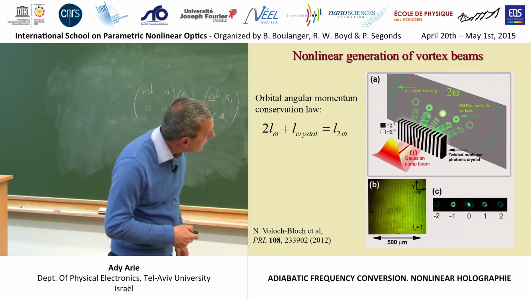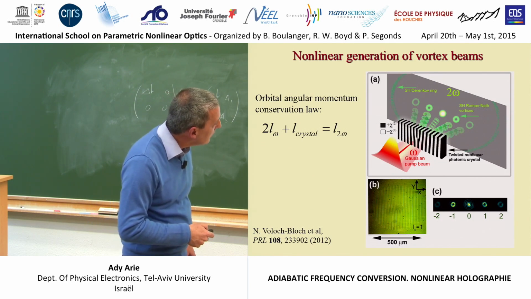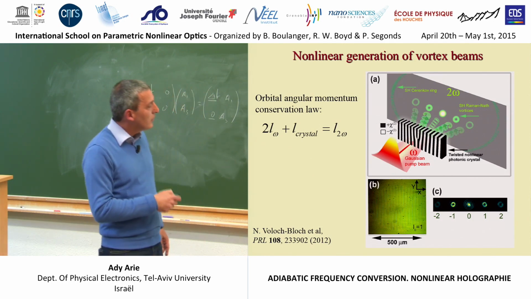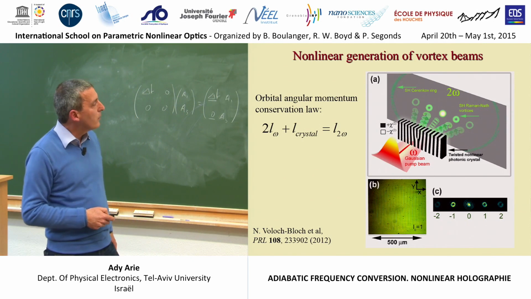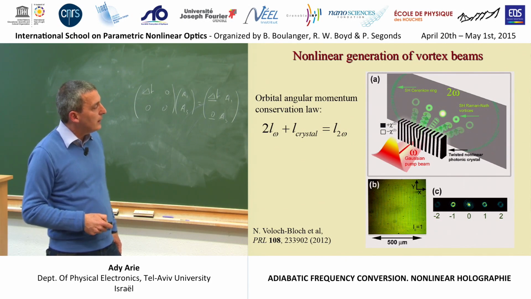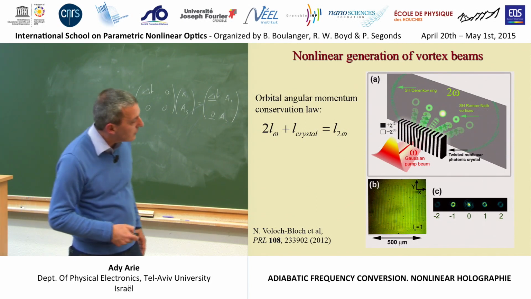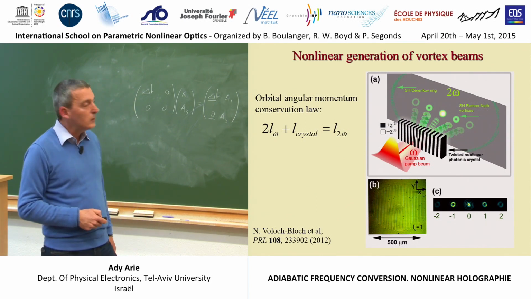This is not a very good picture, but I'll show you a better picture later. But it shows that there is actually a fork grating. So first of all, if you send such a beam, then you will get a vortex beam. OK, this is the 0 order, but at the first order and maybe in the second order, which is hard to see, here you get vortex beams.